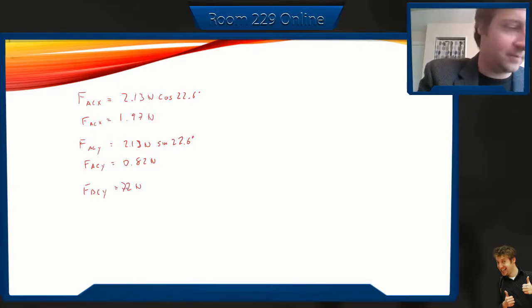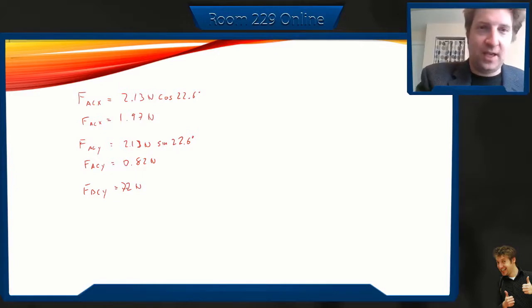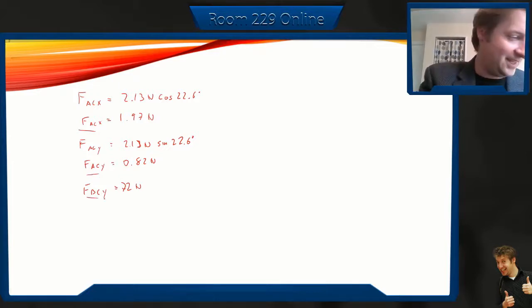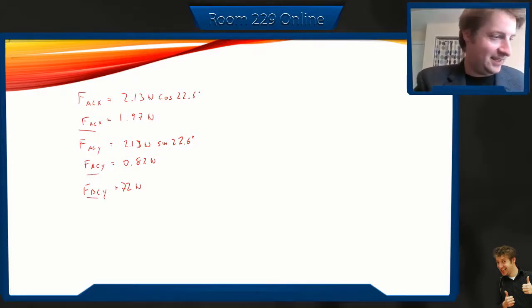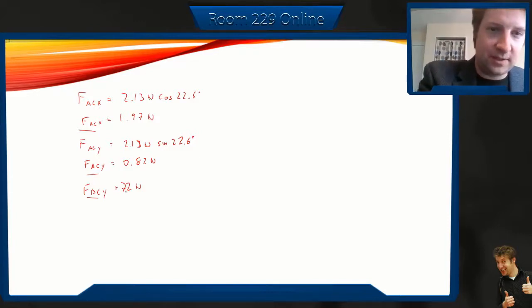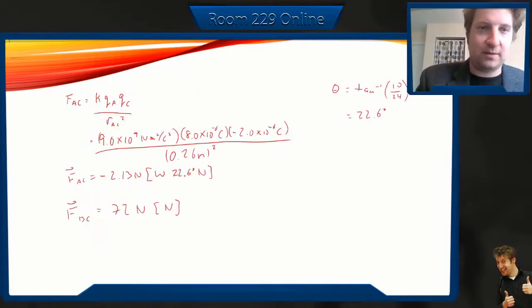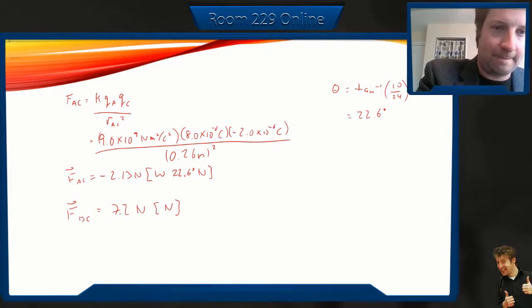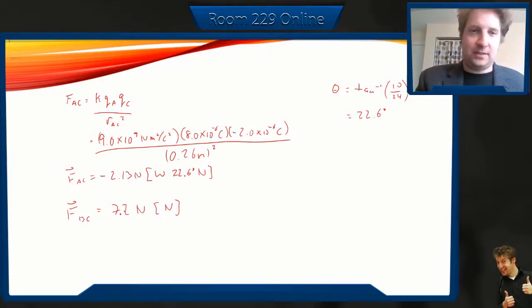Okay, it means that all my numbers here end up being positive. Makes my life easier. Okay, and now I can add the y's together, since I don't have any other x's. Sorry, did I say 72? I meant to write 7.2.